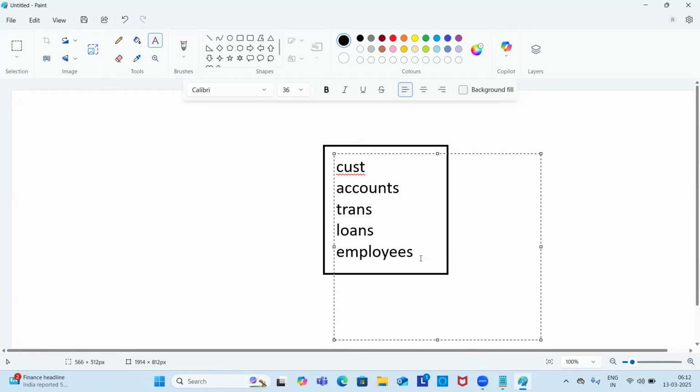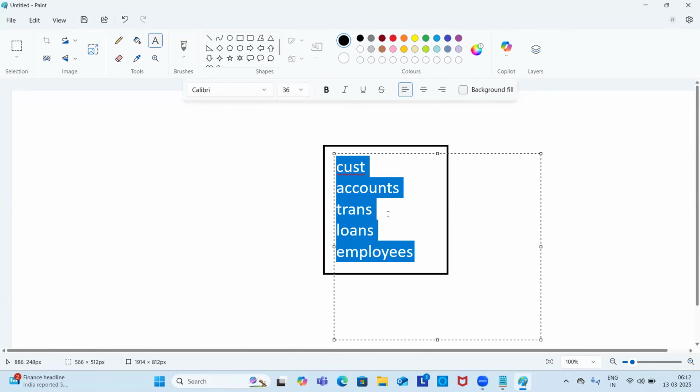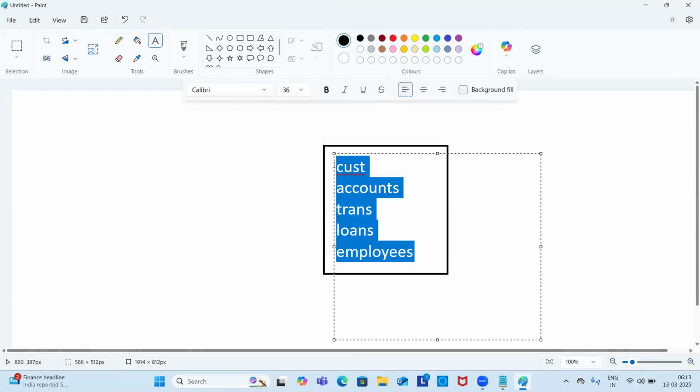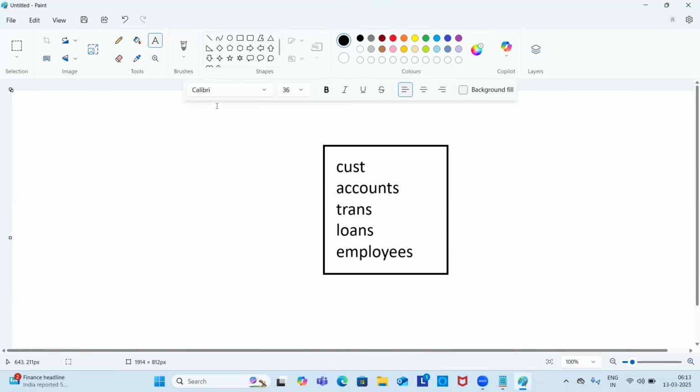This is what interrelated means. Customers are related to accounts, accounts related to transactions, loans, employees. All this data is interrelated.